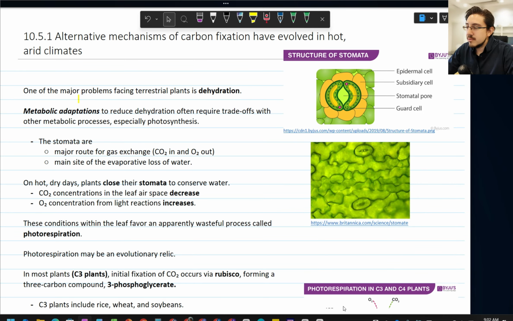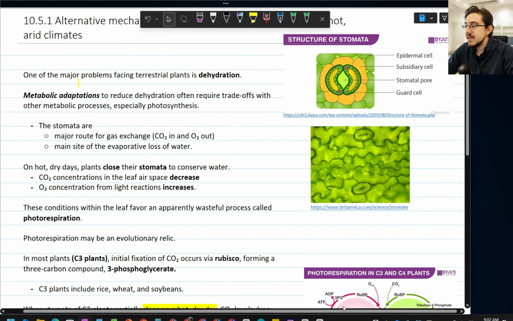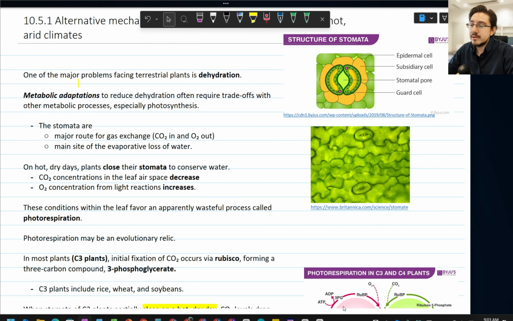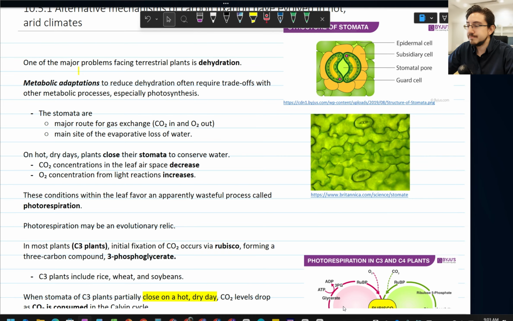One of the major problems facing terrestrial plants is dehydration, a lack of water inside the organism. Metabolic adaptations to reduce dehydration often require trade-offs with other metabolic processes, especially photosynthesis. We're going to see these trade-offs in this section.